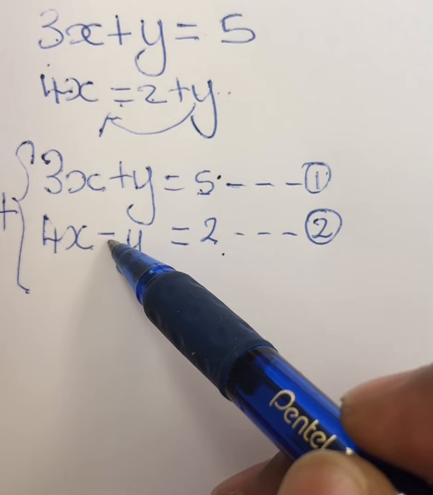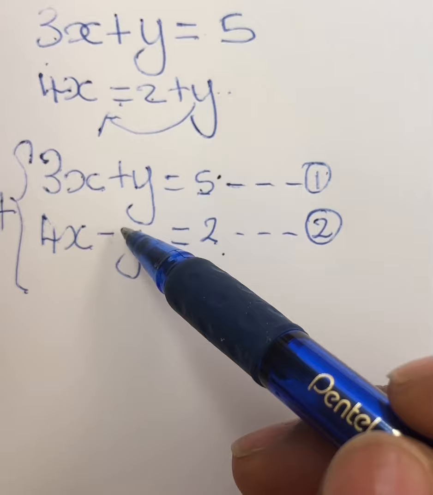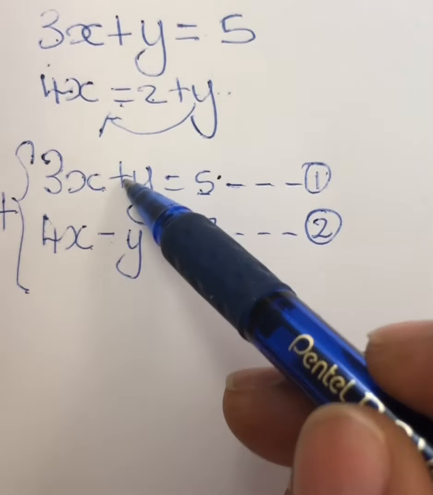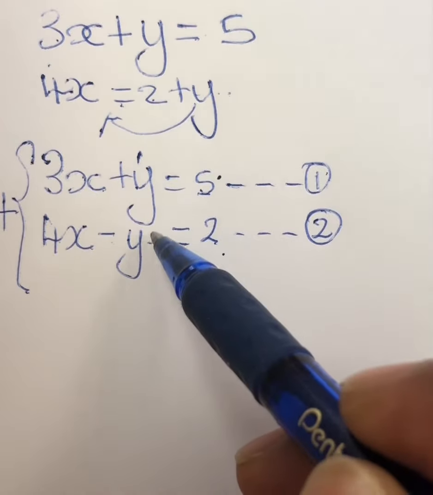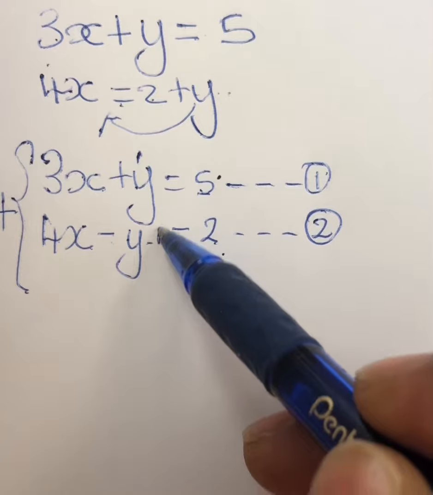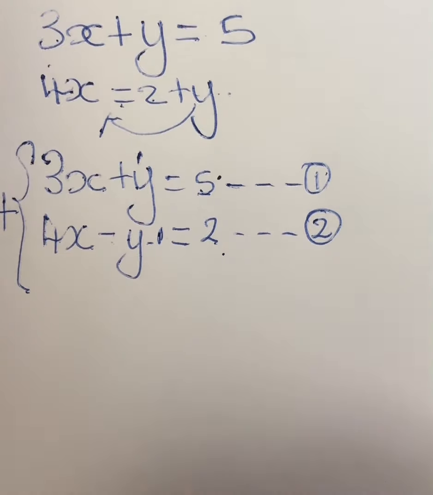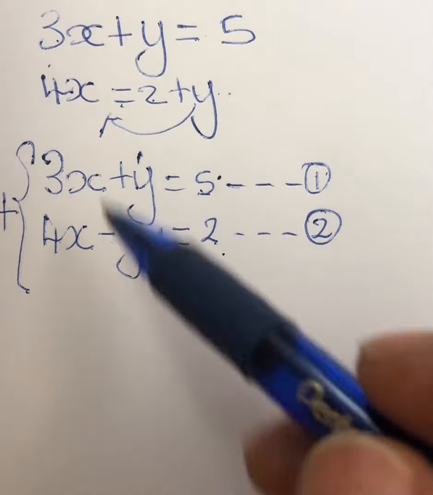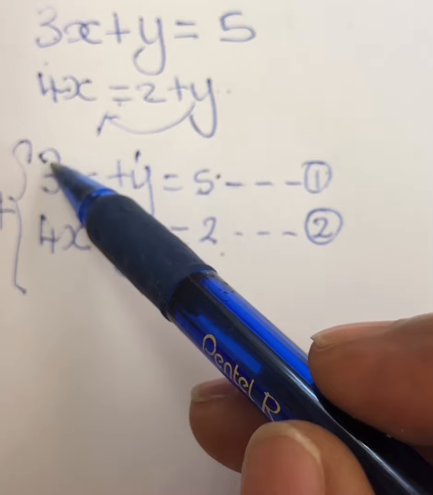Or, what I will say to students, think of what operation you can perform to get 0. So if this is 1 and this is minus 1, what operation can you perform between 1 and minus 1 to give you 0? That operation is addition. Okay? So we are going to add throughout.